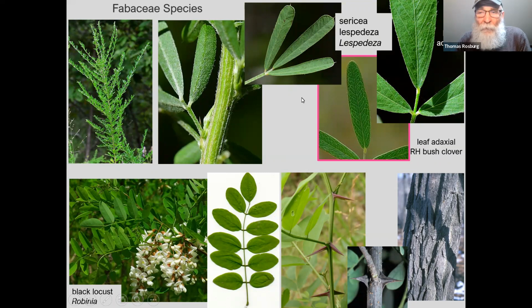And the other thing that's distinctive, in fact, no other native Lespedeza has this, is the venation pattern that we're seeing here on the adaxial side, which is the top side of a leaf of Sericea. We can see the veins here.